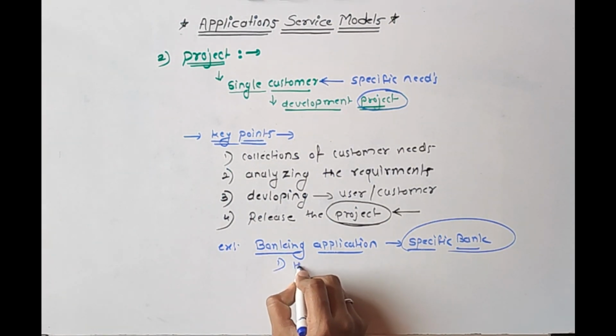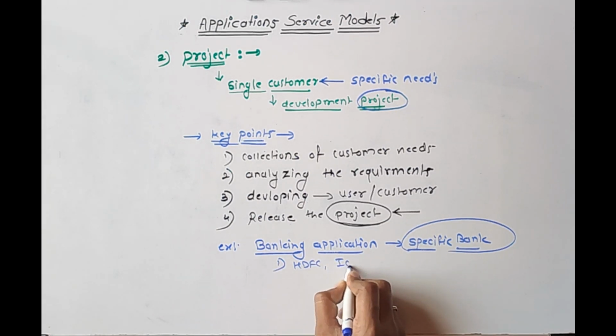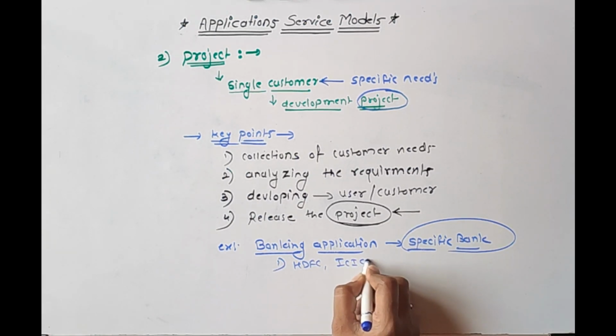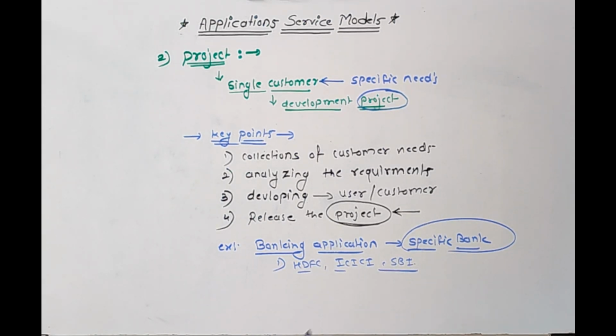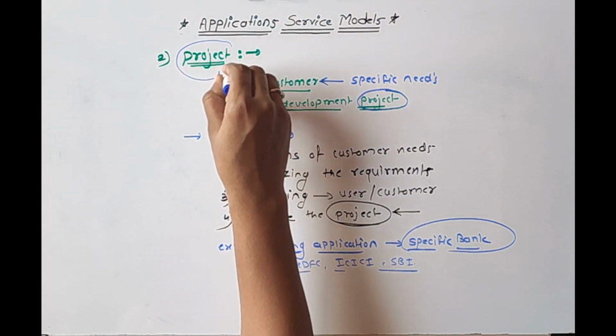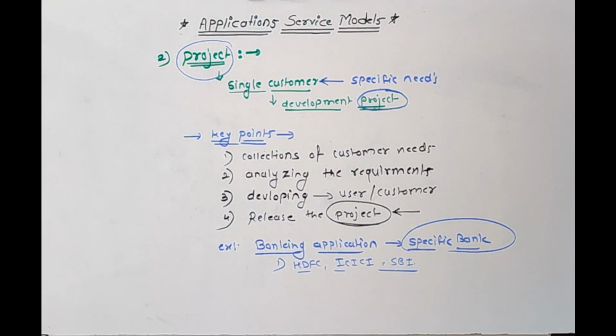In banking there is HDFC Bank, then ICICI Bank, then SBI Bank, who have a specific banking application of their own. That application we call a project service model.